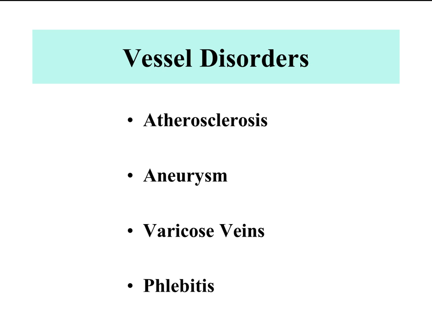Phlebitis is a condition where you have discoloration and dilation of the surface veins. It usually goes along with deep muscle pain, redness, and swelling. And one condition that can cause phlebitis is a deep vein thrombosis, a blood clot in the vein.